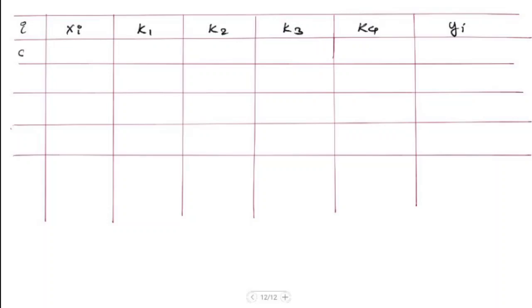So when i is equal to 0, x0 is 0 and y0 is 1. And then we have i is equal to 1, x1 is 0.1, that's adding the step size h. Then i is equal to 2, we have 0.2, i is equal to 3, we have 0.3, and when i is equal to 4, we have 0.4 here.